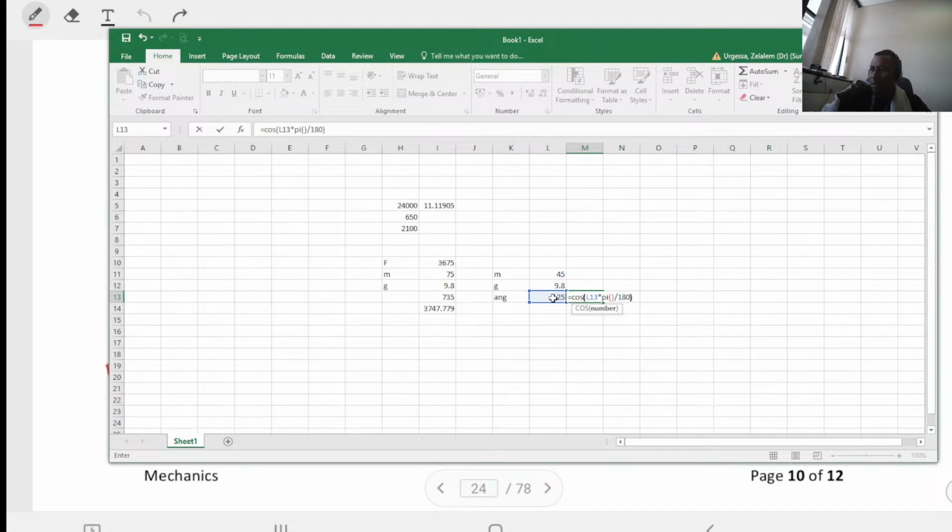Remember, I'm changing from degrees to radians. The cosine of 25 is this much. F cos theta must be equal to mg. Then I'm thinking F must be equal to mg over cos theta. I believe. Let me check if I get it right. This times this divided by cosine of that angle. What do I get?